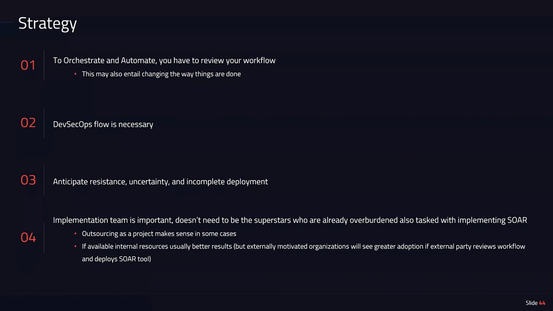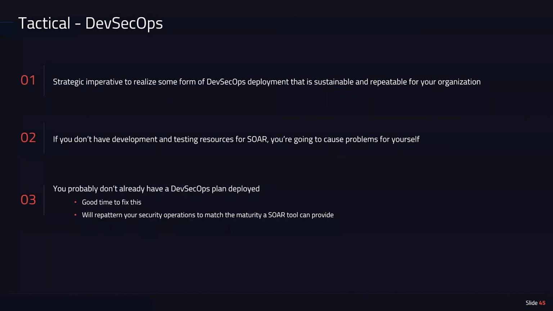So if you want to know more about what I'm talking about there, but the short version of it is some organizations only listen to advice when an exterior party tells them that that's what they should do. If you are a very externally motivated organization overall, you should probably have an implementation team for your SOAR that is outside, because your internal parties will be more likely to listen to that direction.